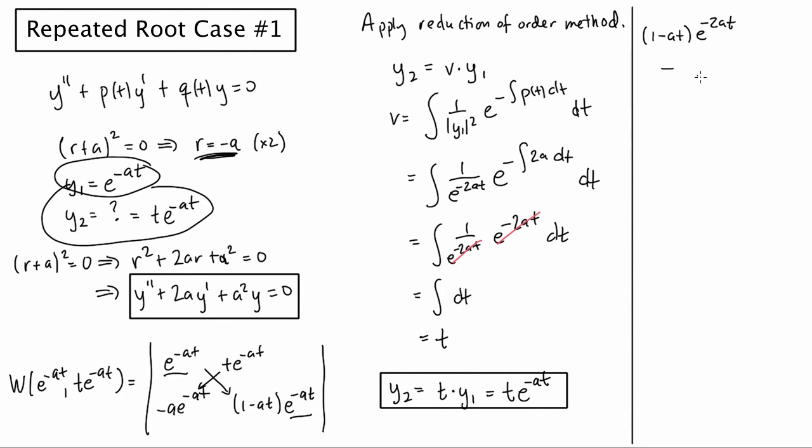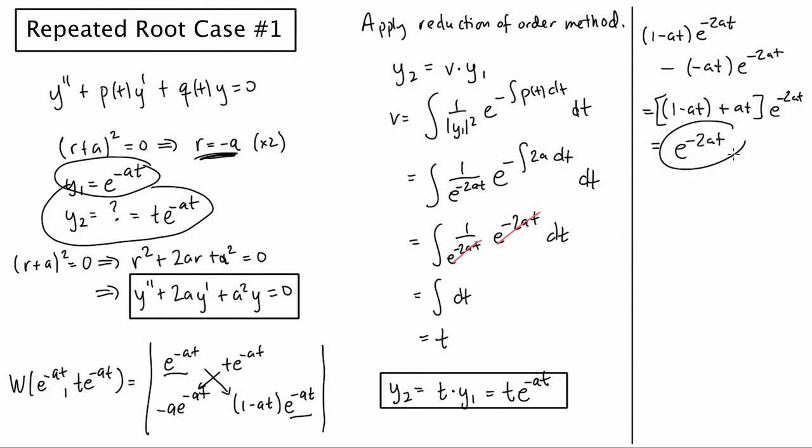That off diagonal is going to be minus at e to the negative 2at. And so that's equal to 1 minus at plus at, e to the negative 2at, which is just going to give us a 1. So this is going to get e to the negative 2at.